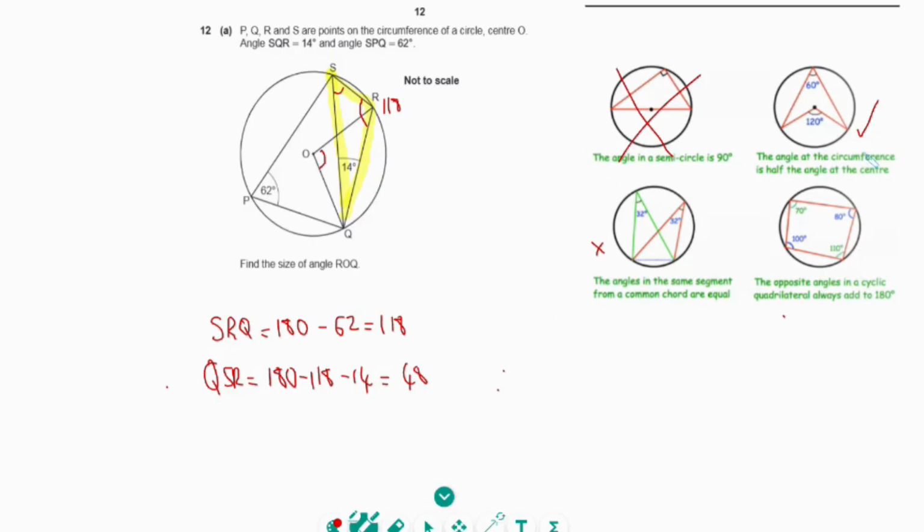Then we use angle at the circumference is half the angle at the centre. So if this one here is 48, the angle at the centre is double. So ROQ equals 2 times 48, which is 96.